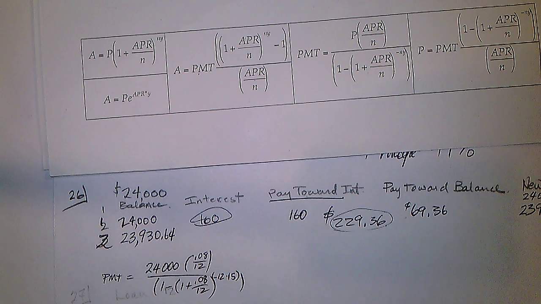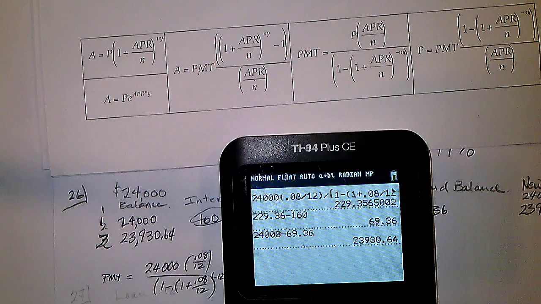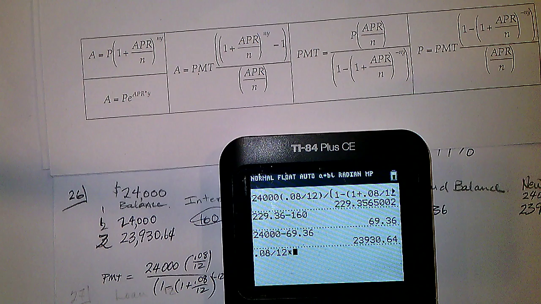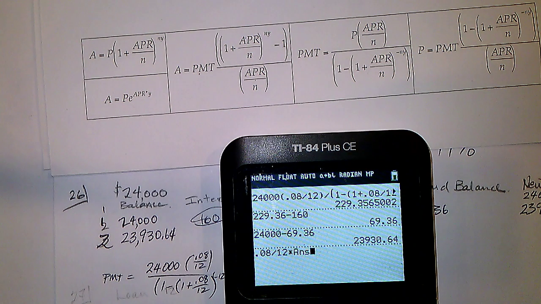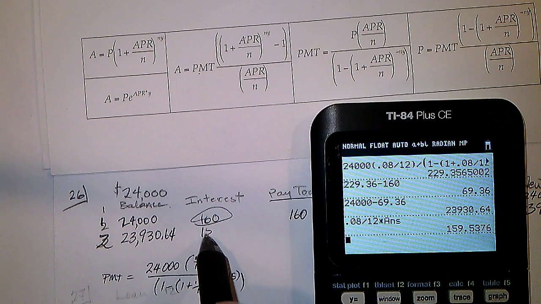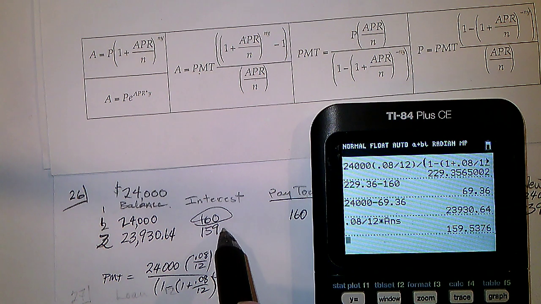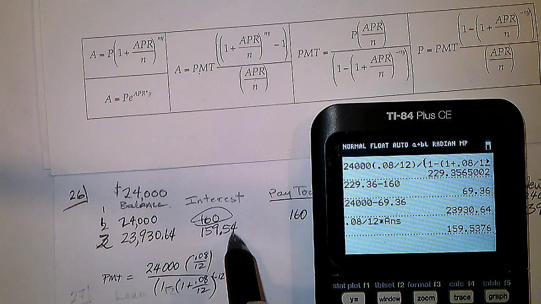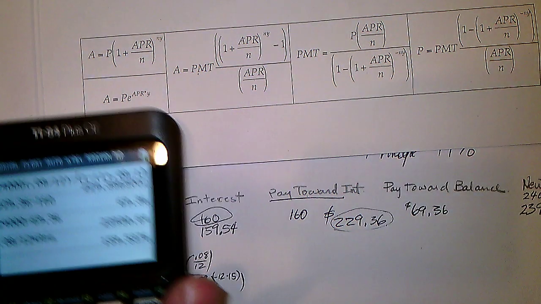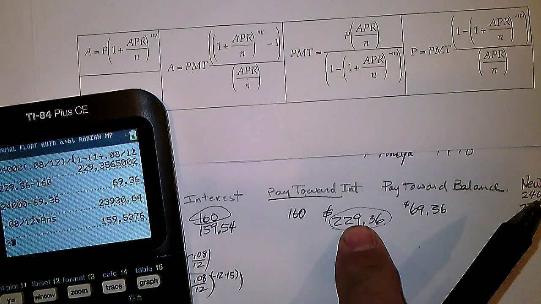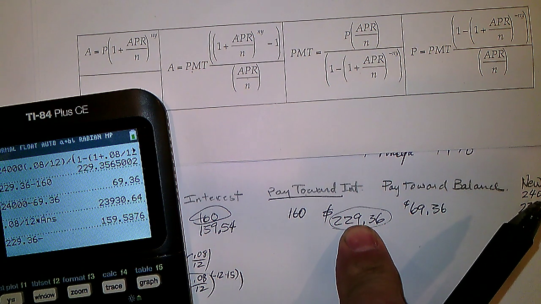23,930.64. The interest on that will be 0.08 divided by 12 times my last answer, and that's 159.54. So if I take that off of my payment, 229.36, subtract that last answer.